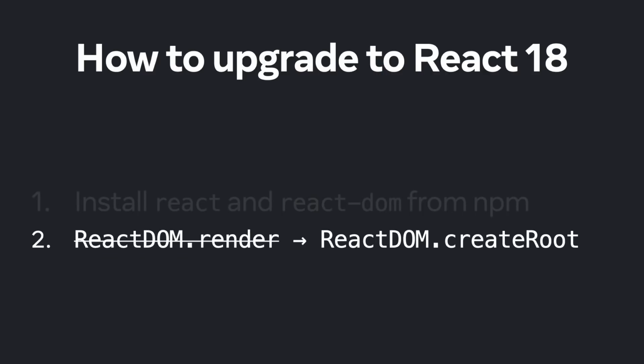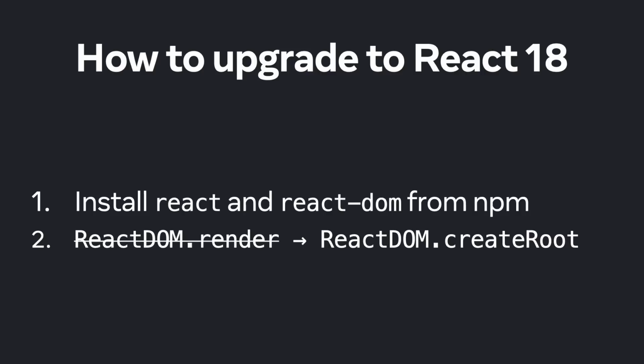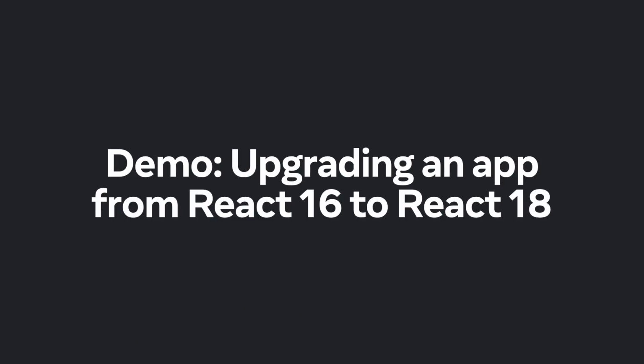It doesn't activate any concurrent behaviors by itself, so this should be a fairly safe and easy change for your app. And that's basically all you need to do to upgrade to React 18: install React packages, React and React DOM, and upgrade from ReactDOM.render to ReactDOM.createRoot. Now let's look at a demo of how to do this in practice.